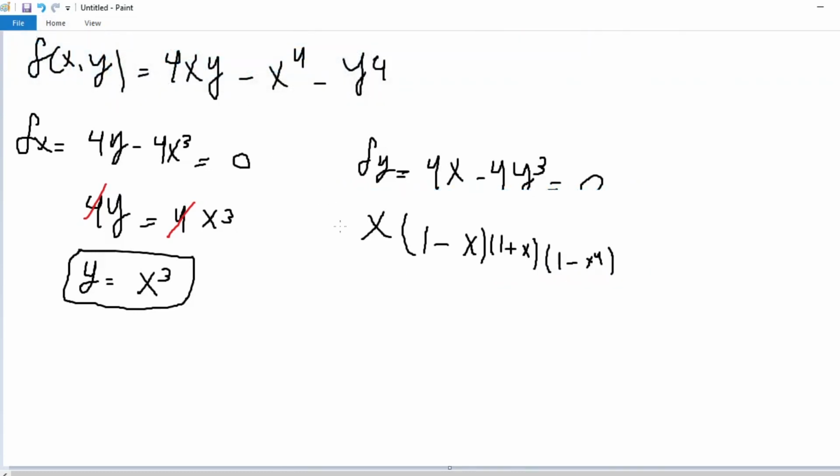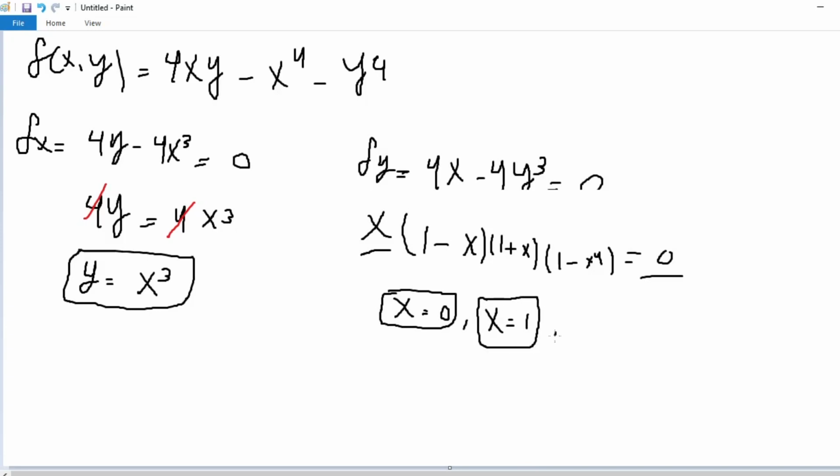From here, we can say that here, of course, x equal to 0. So the first critical point, we can see that x is equal to 0. The second critical point, if you solve 1 minus x is equal to 0, you can say that x is going to equal 1.